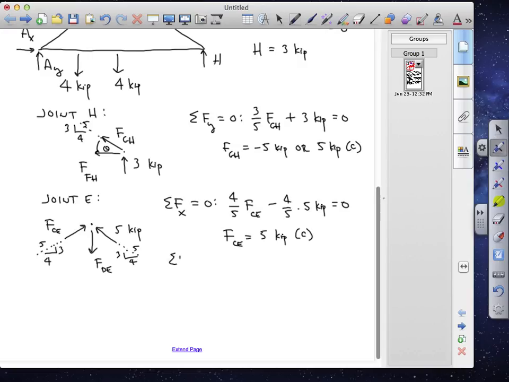And our vertical equilibrium equation then says that we have FCE sine theta plus 5 kip sine theta minus FDE is 0.